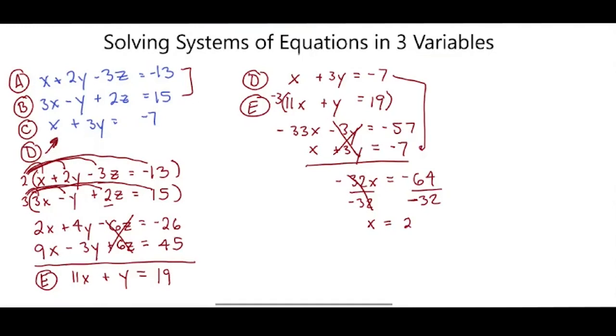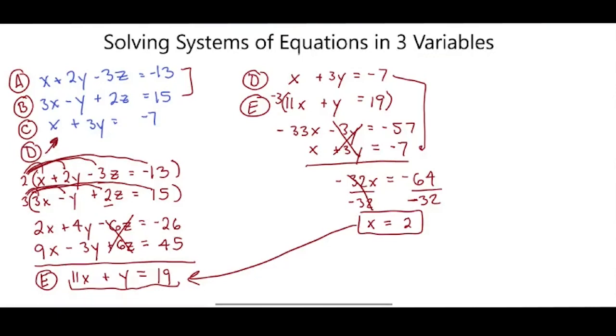All right, so I know the value of x, and now I need to find y. Well, if you see down here in your E equation, the y is just a 1y, so that's a really good place to plug it in. So I'm going to plug this value for x into this equation.